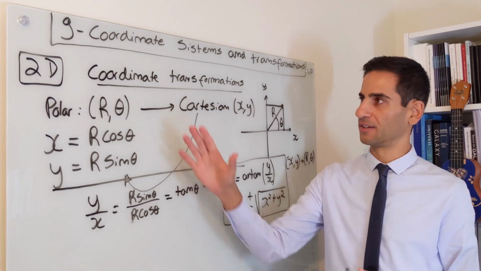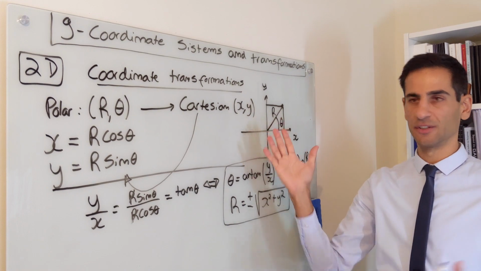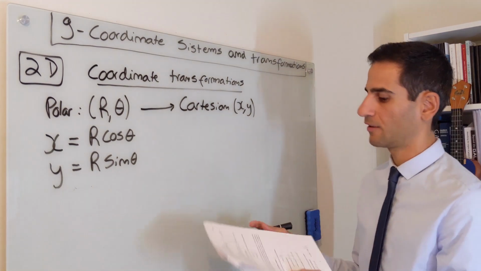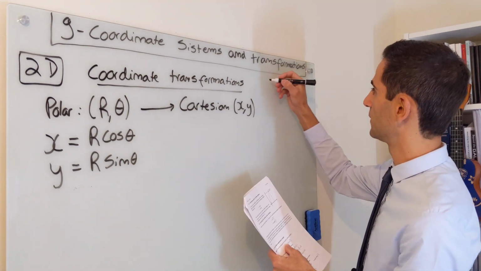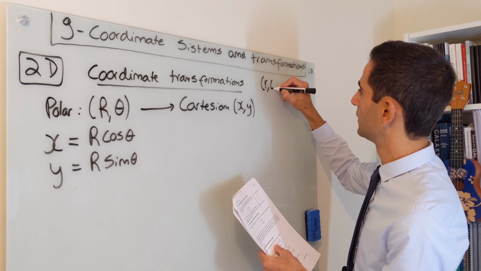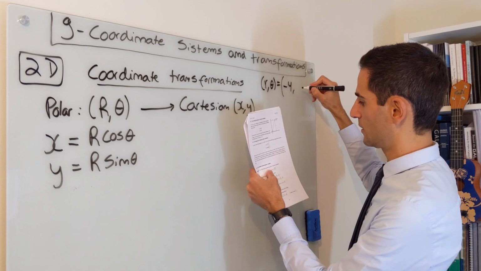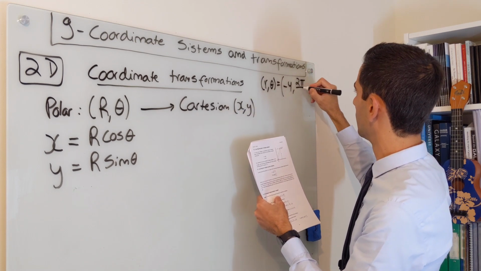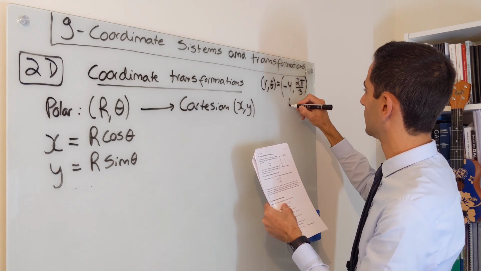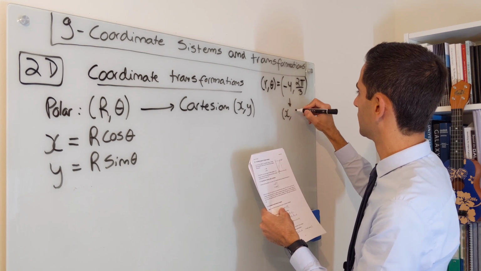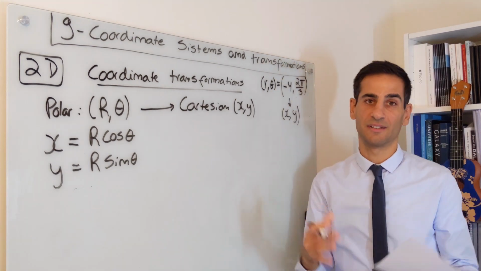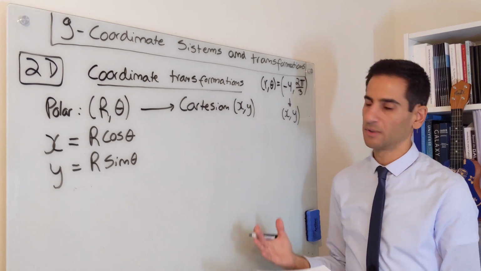Let's try to apply this, going from polar to Cartesian. In your lecture notes, you have the example where you're given r, theta equals minus 4, 2 pi over 3, and you want to convert this into Cartesian, which means getting some x and y. How do we do this?